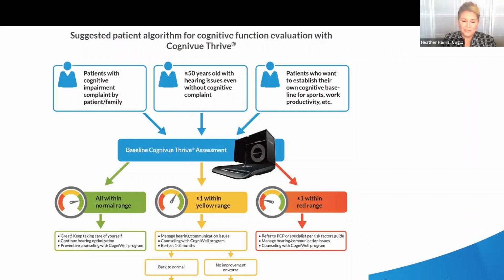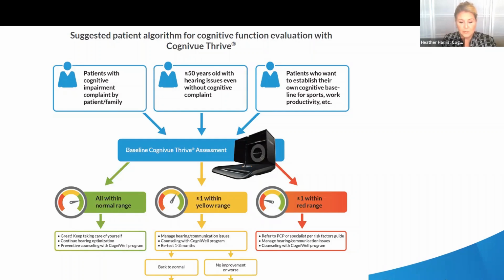I hope that it was helpful to see one of your peers delivering CogniView results. Before we wrap up, I want to show you an example of the various pathways a patient may follow based on the results of their CogniView assessment. As you can see here, a red result in any of the cognitive domains warrants a referral to primary care or neurology so that the patient can have a more thorough assessment of their cognitive function.